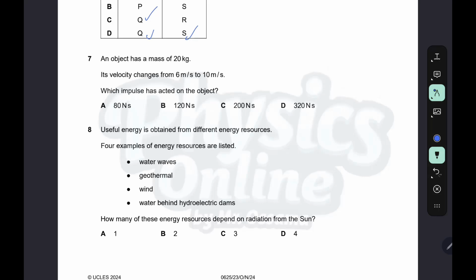An object has a mass of 20 and its velocity changes from 6 to 10 meters per second. Which impulse has acted on the object?